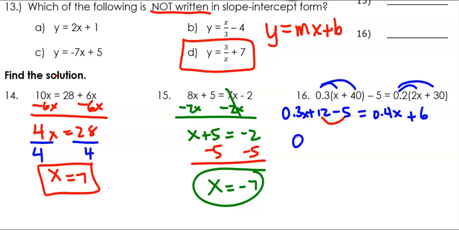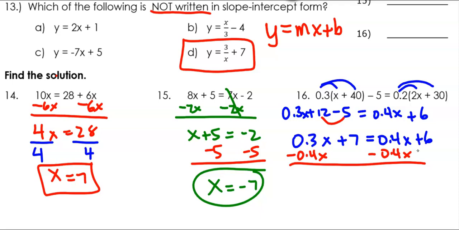Oops, I forgot my x. And then maybe you decide that you want to subtract 0.3x, and maybe I decide that I want to subtract 0.4x from both sides. It doesn't matter.